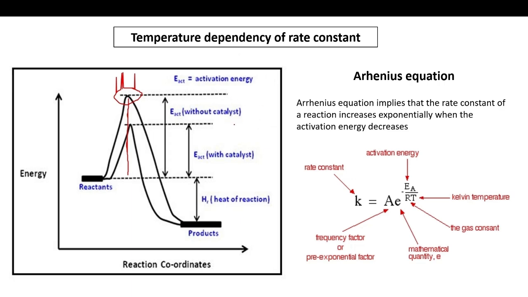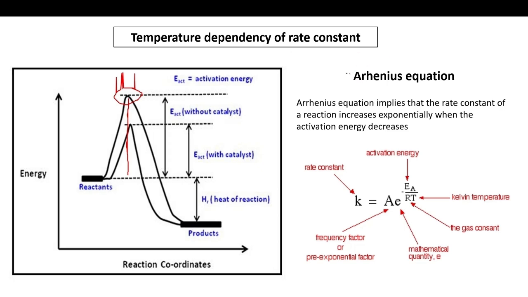Okay, so now these rate constants or equilibrium constants all depend upon the temperature, so they vary with temperature. The relationship between the rate and the temperature is given by the Arrhenius equation.